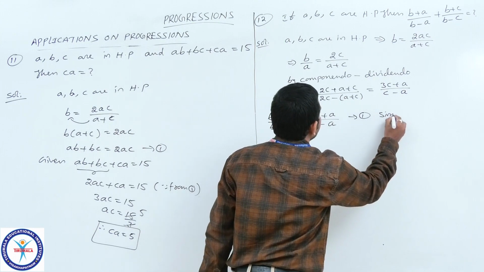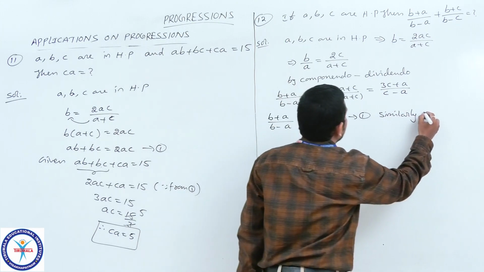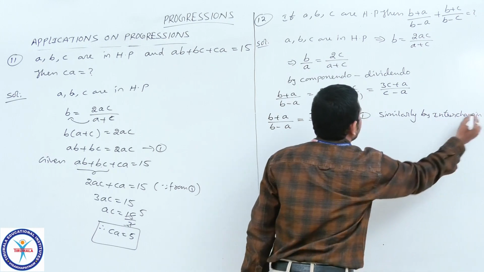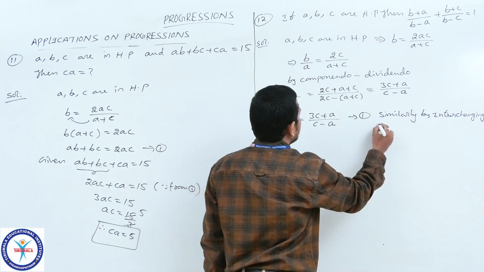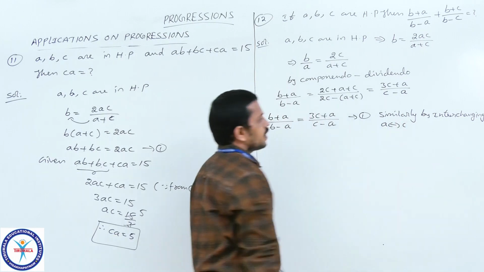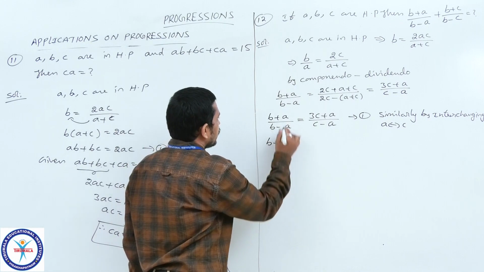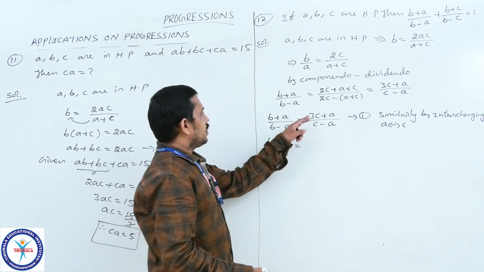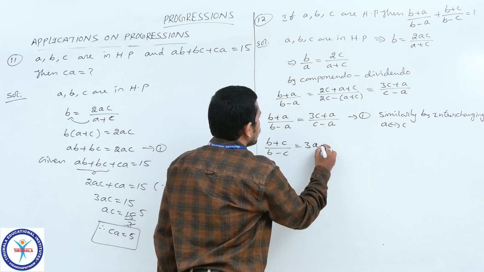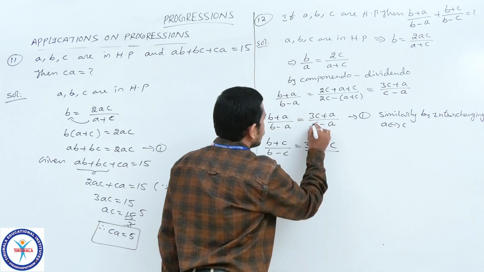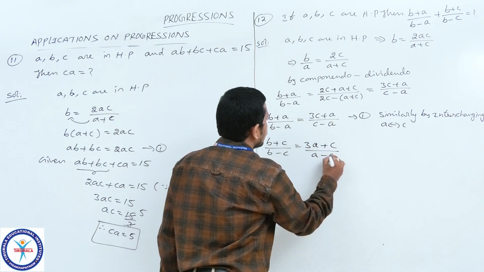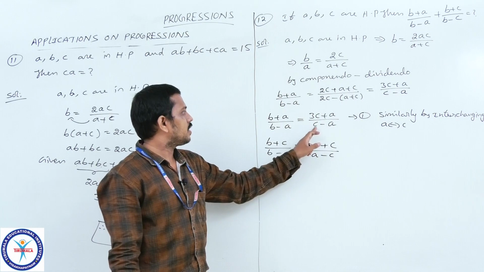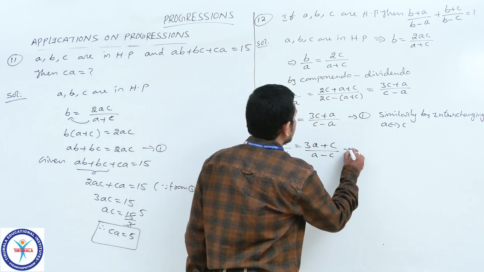So similarly, by interchanging A by C and C by A, we have (B plus C) by (B minus C) is equal to, replace C by A, 3A plus C, by, here C replaced by A and A replaced by C, A minus C. (B plus C) by (B minus C) is equal to (3A plus C) by (A minus C). So this is equation 2.